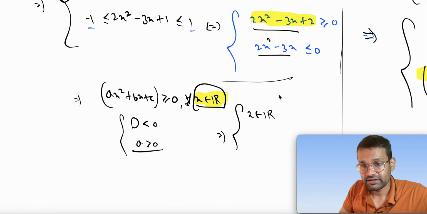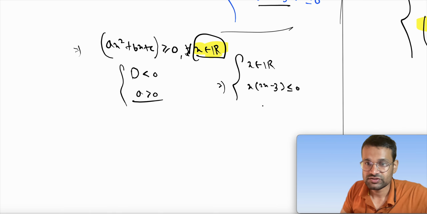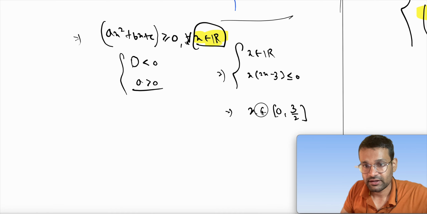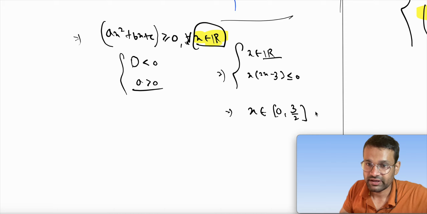Now solve this inequality. This inequality is very simple. Taking the common factor, 2x minus 3 less than 0, you can solve. You get x between the closed interval 0 to 3 by 2. We take the intersection with all real values, and again you get this one.